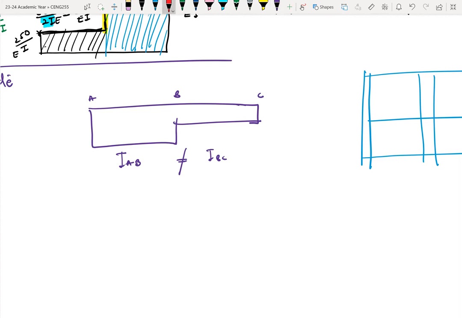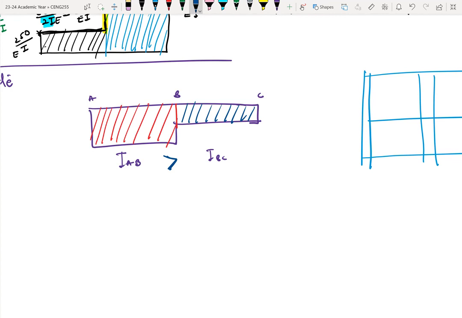Here AB is thicker than BC, so for the same material, the moment of inertia for AB will be higher than that of BC.